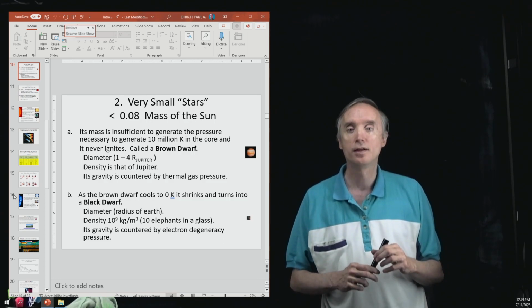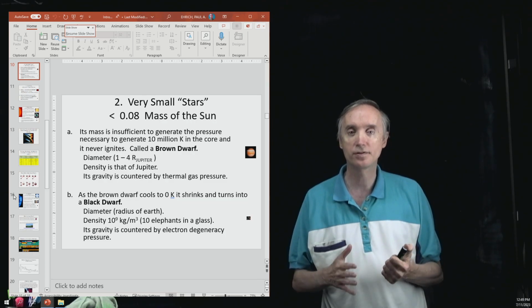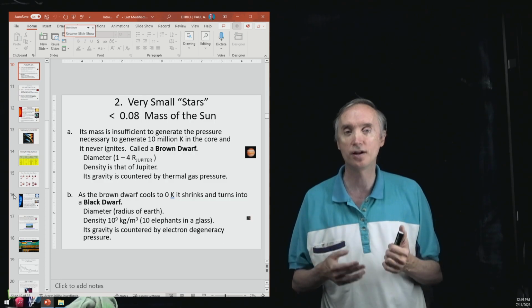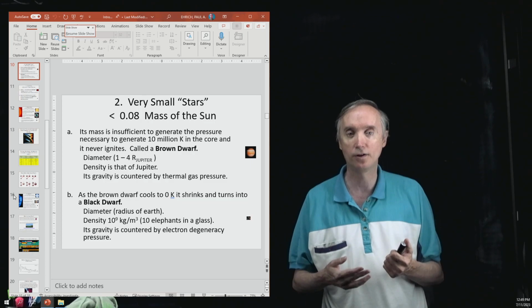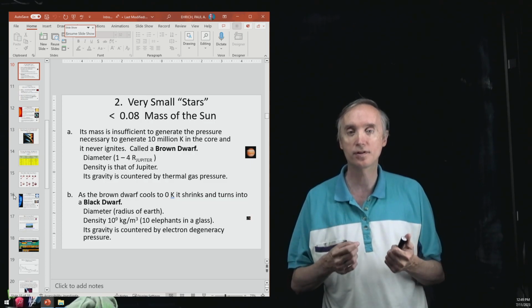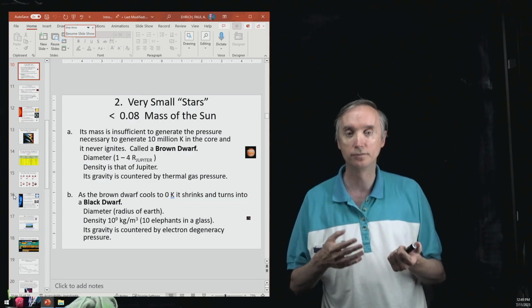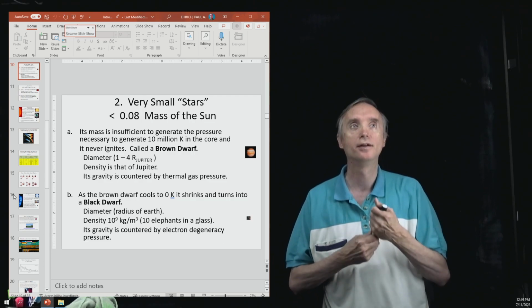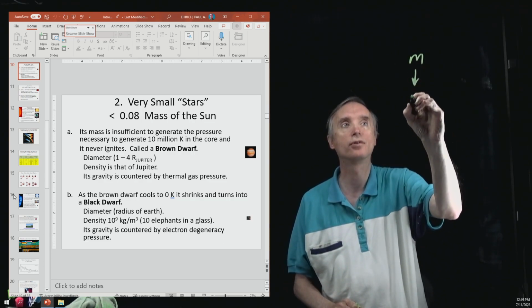All right, so the first statement says that the mass of this object is going to be insufficient to generate the pressure necessary to generate the 10 million Kelvin in the core, and so this object will never have thermonuclear explosions. So let's review here that mass causes gravity.